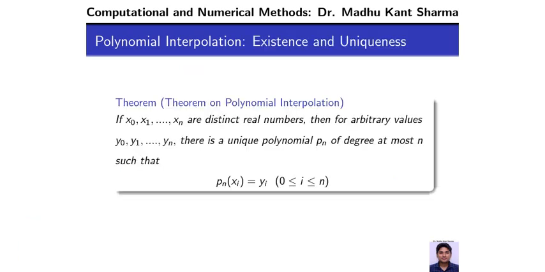Now we have the following result: if x0, x1, x2, ..., xn are distinct real numbers, then for arbitrary values y0 to yn, there is a unique polynomial Pn of degree at most n satisfying the interpolating condition.